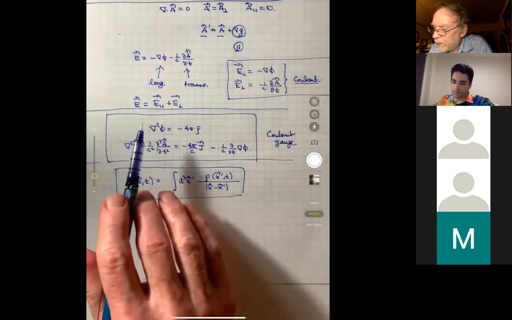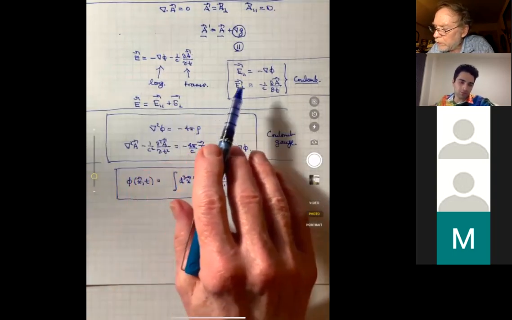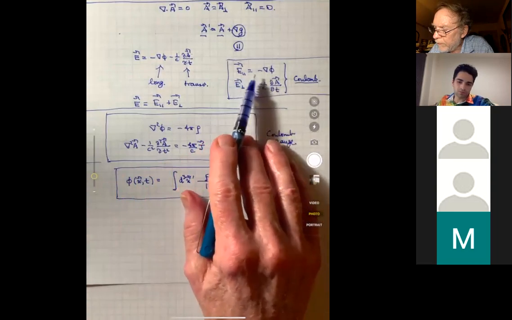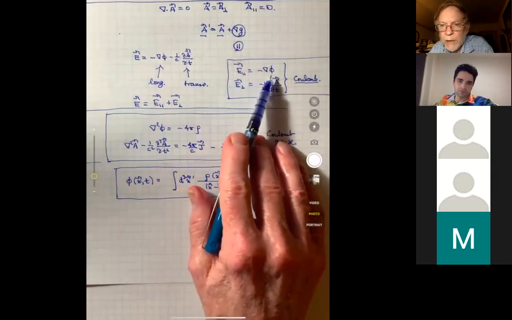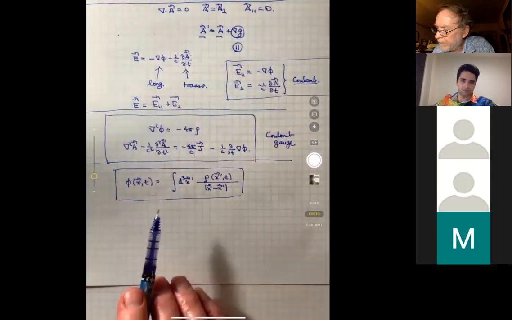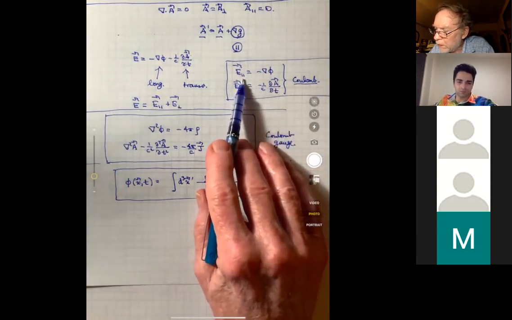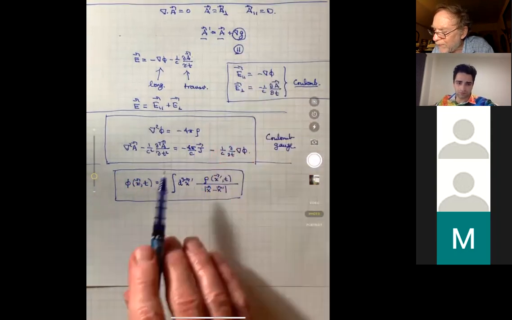And the electric field is the sum of the longitudinal and the transverse parts. The longitudinal part indeed is given by the gradient of phi, but that's not what your electric meter is going to measure. It's going to measure the total E, including the transverse part. Now it's obvious that the longitudinal part of the electric field, just like phi itself, is not retarded.